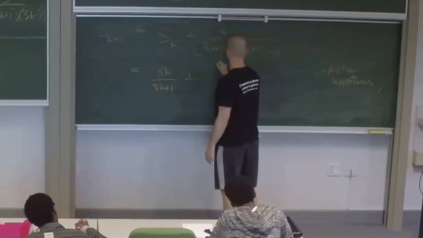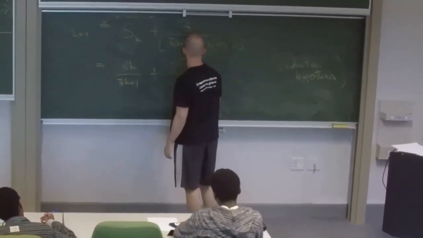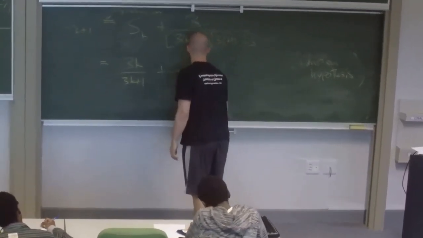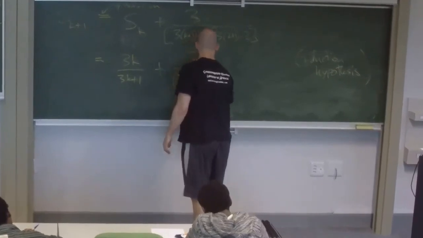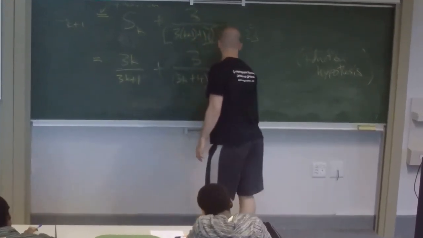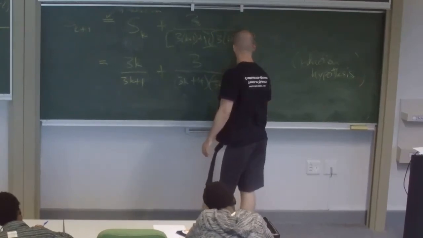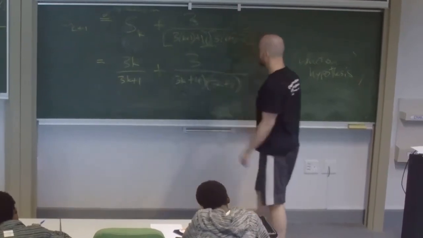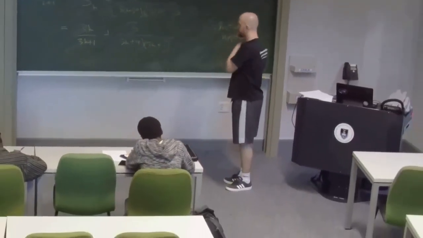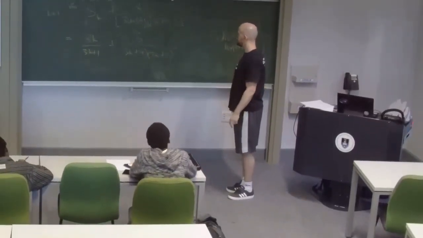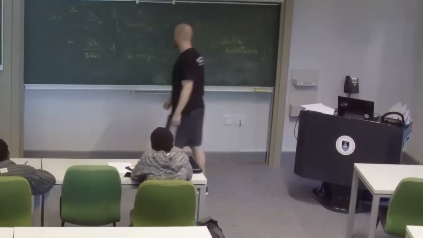And then we can simplify this one and say this is 3k plus 4 over 3k plus 1. Okay? Do we have it so far?